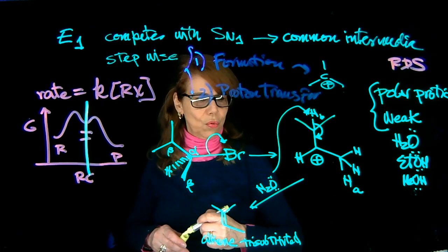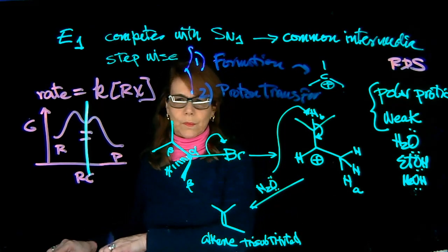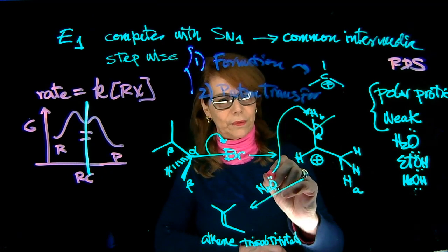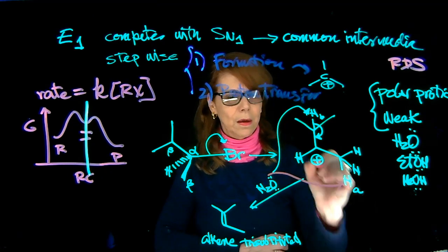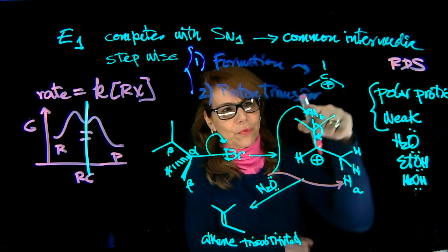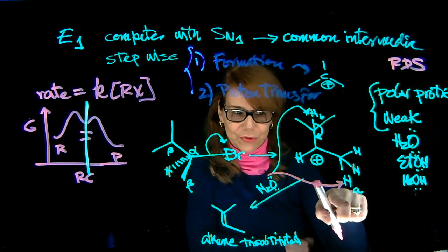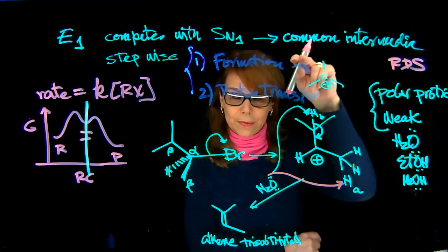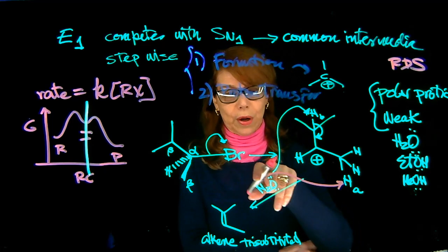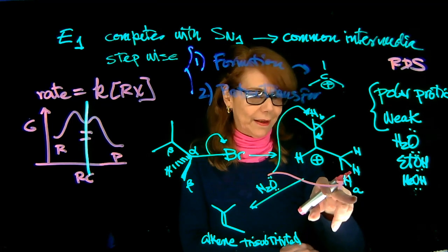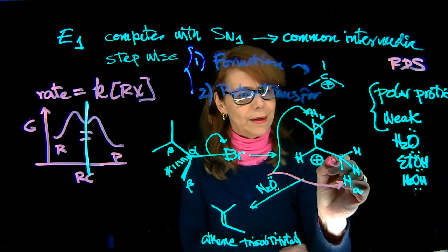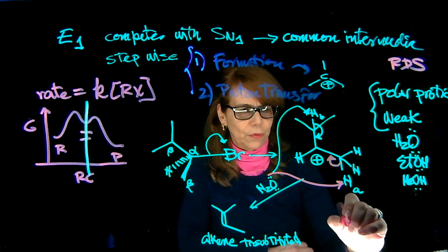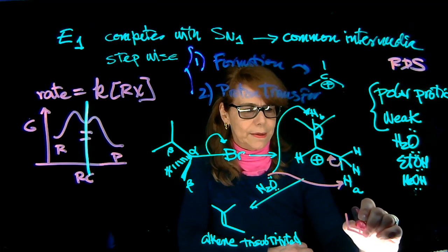And let's see what will happen if I now use a base, and this time I'm going to use a different color. Let's say that now, instead of extracting hydrogen B, I extract hydrogen A. Same thing, remember again, after the formation of the carbocation, the second step is your proton transfer. So the base comes in, gets the proton, and now you form a double bond here. So now let's draw the product. Here you will have a double bond.